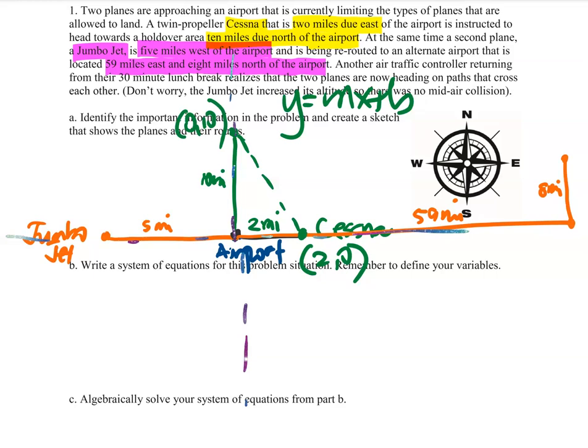So let's say the airport is the origin, (0, 0), 5 miles west of the airport, so this is (-5, 0). And from the airport, 59 miles east and 8 miles north, so the coordinates here are (59, 8).